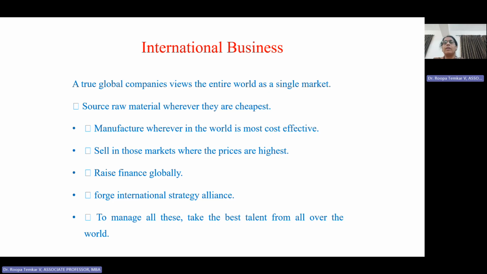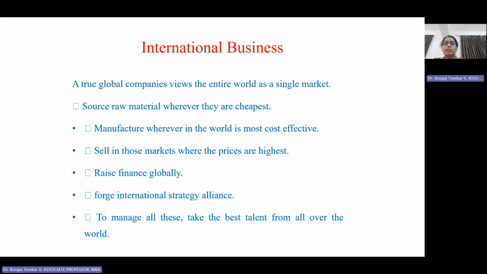Usually we see the world as a single market because wherever we have access to resources, for example, in some part of the world we may have cheap labor, or resources may be very cheap, or based on availability of resources, or the requirement, that is demand.